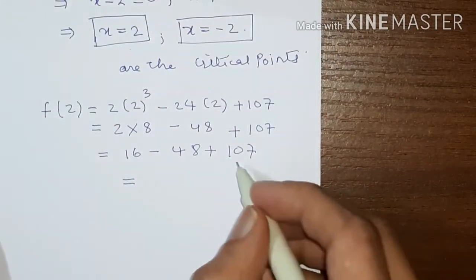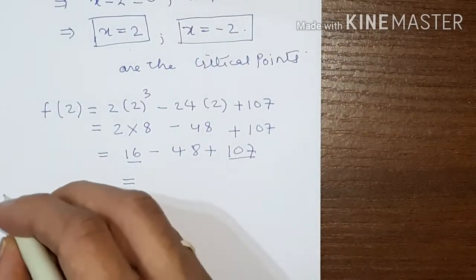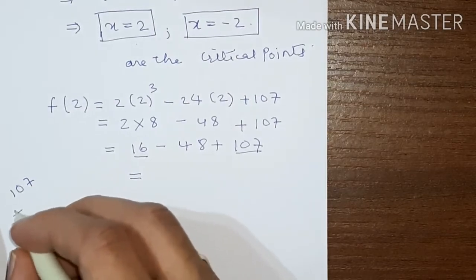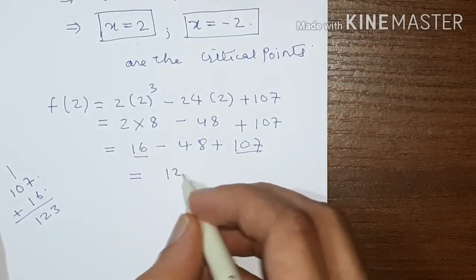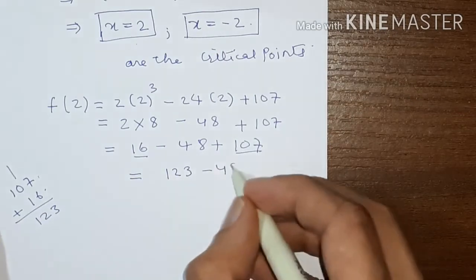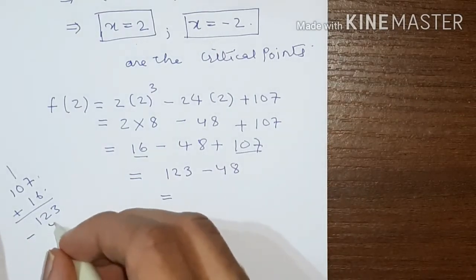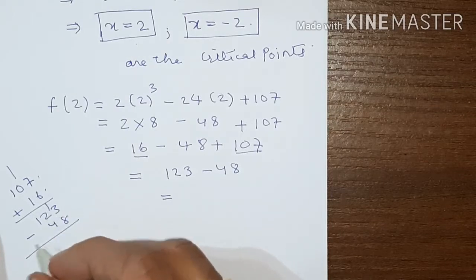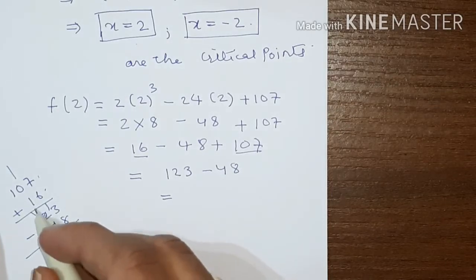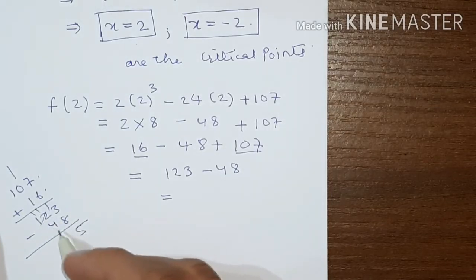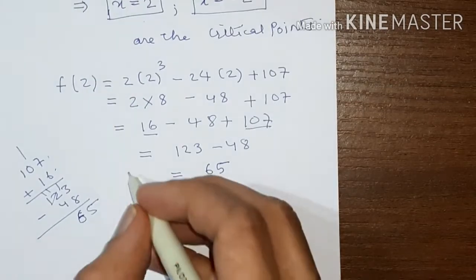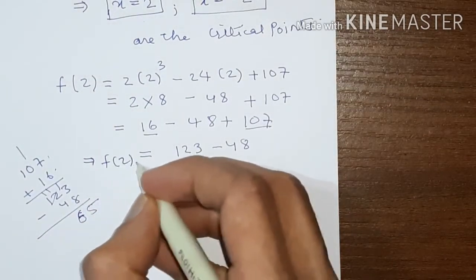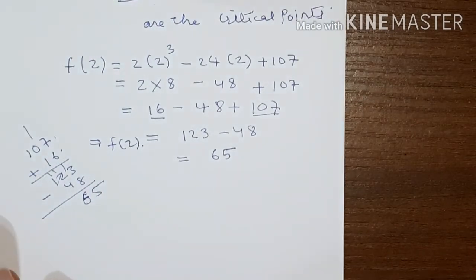Adding 107 plus 16 gives 123, minus 48 gives 75. So f of 2 is 75.